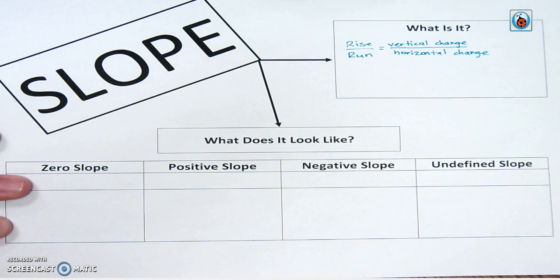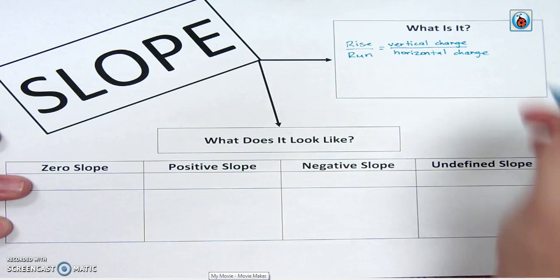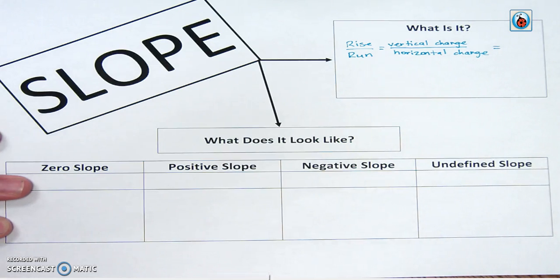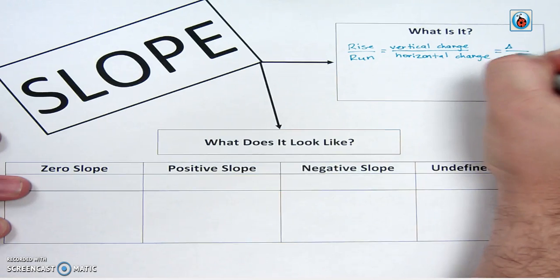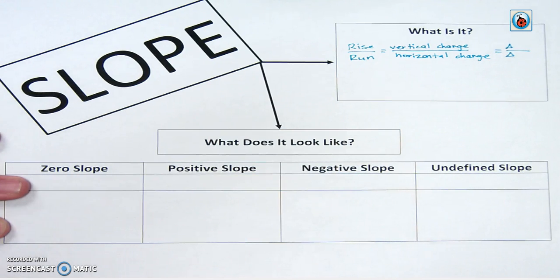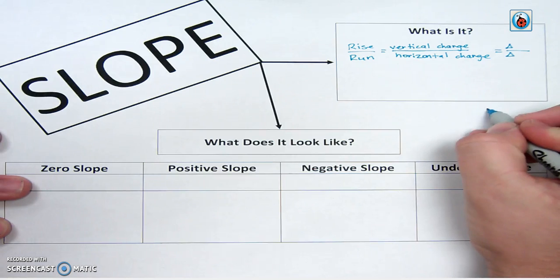Now, there are other ways for us to describe the vertical and the horizontal change. In math, to describe a change, we use the Greek letter delta, which happens to look like a small triangle. So it's really the change in the vertical over the change in the horizontal. Now, if we think about a graph, so I'll just draw it here.